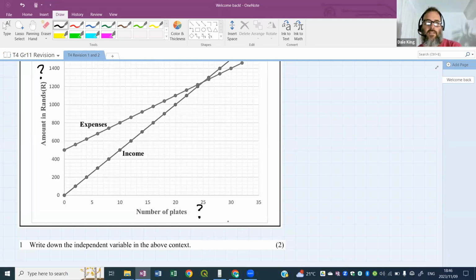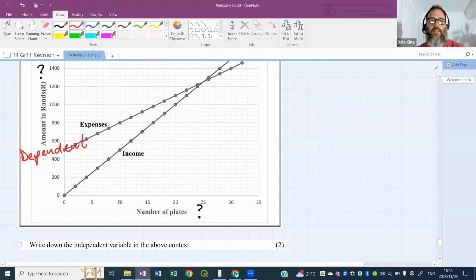The rands depends on the plates. The plates don't care about the rands. So the plates are independent.